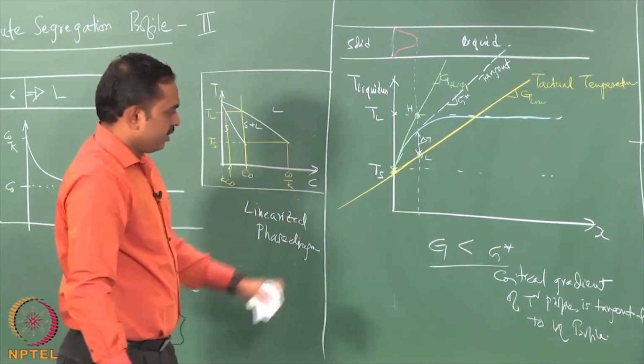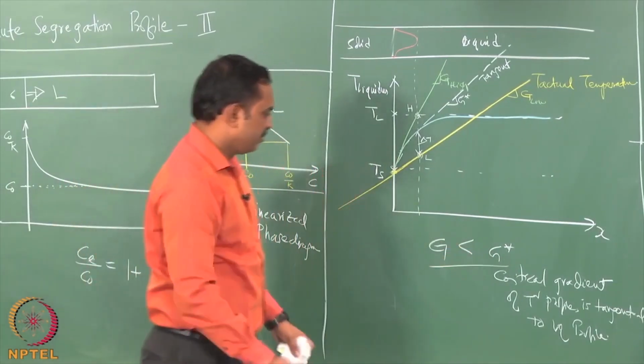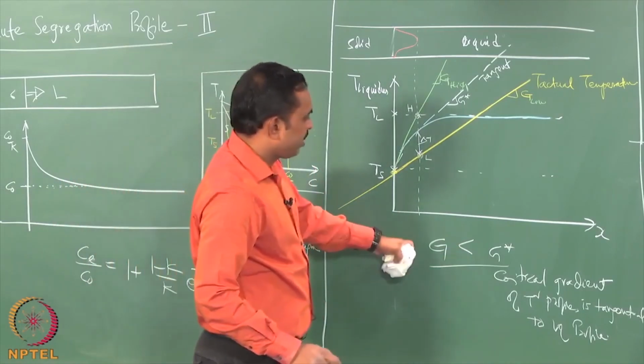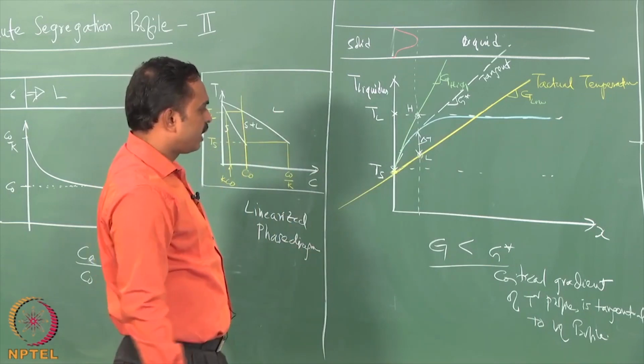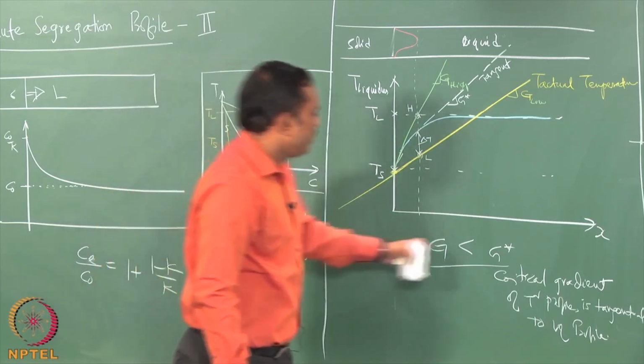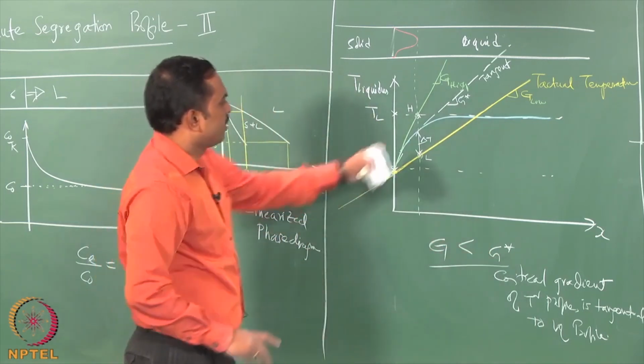So, this criterion is also called the criterion to know that solute undercooling will be taking place. It is also called the solute undercooling criterion. So, what the G star will be is important for us to inspect.